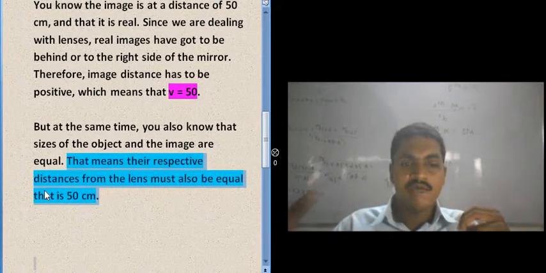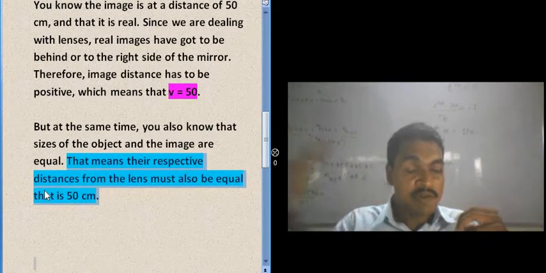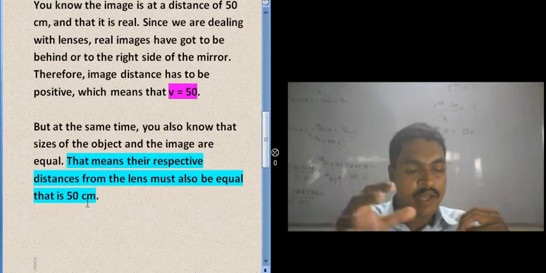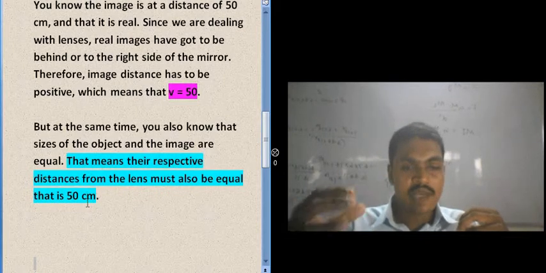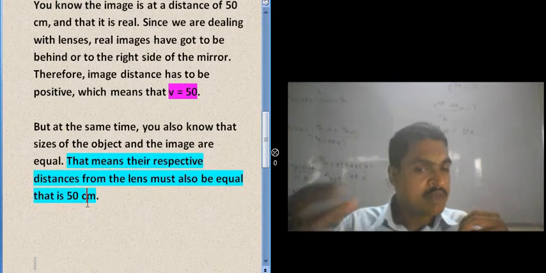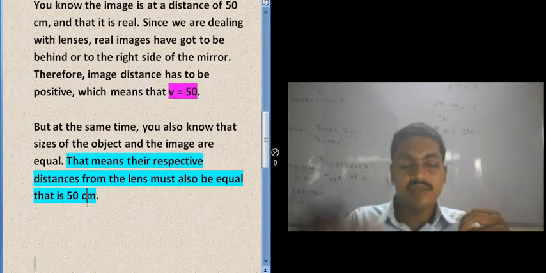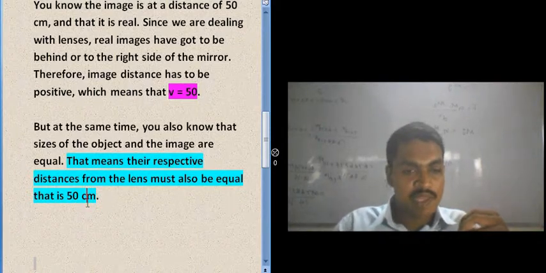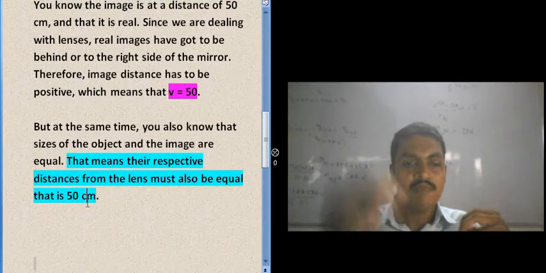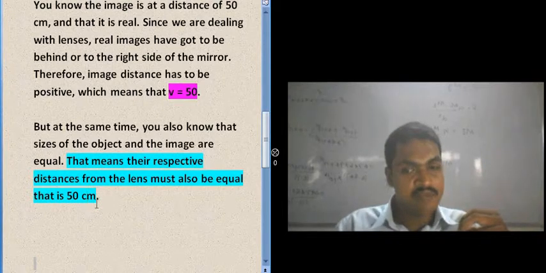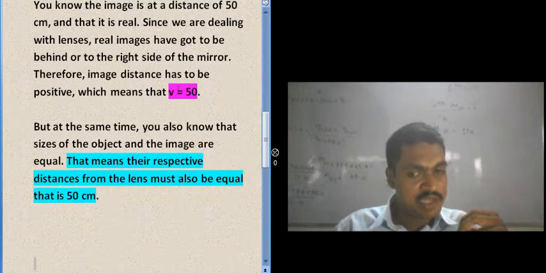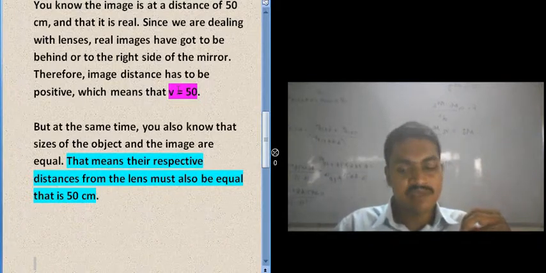that also means that the respective distances from the lens are equal. If your object and image are of the same size, that implies one thing: the distance of the object from the lens and the distance of the image from the lens are the same. Since you know your V is 50 cm, your U also has got to be 50 cm.